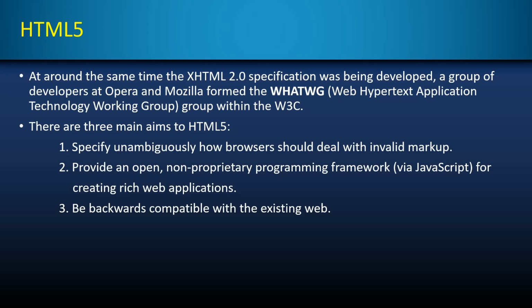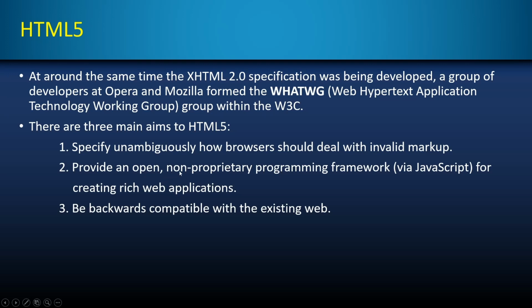If one browser displays one error message and another displays a different one, there will be ambiguity. If there is ambiguity, the standards are not followed or the programmer will get confused. That's why the first aim of HTML5 was to specify unambiguously how browsers should deal with invalid markup.